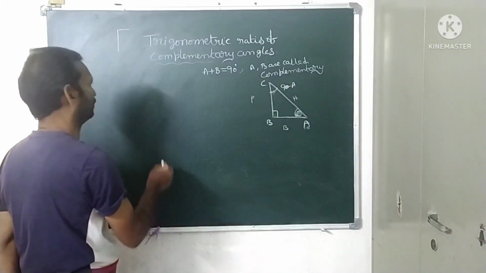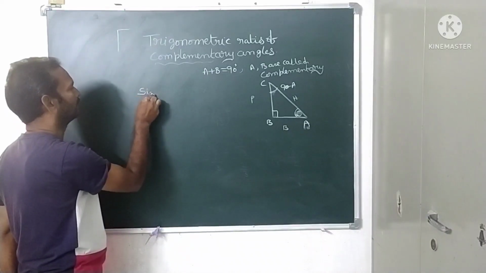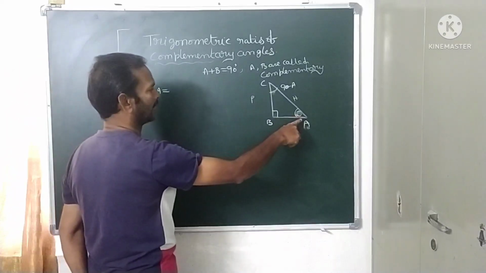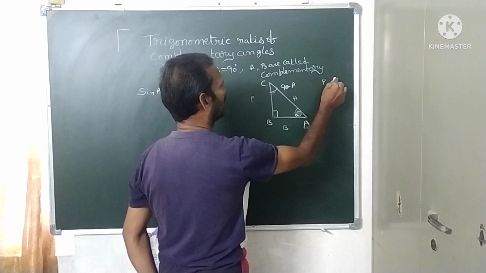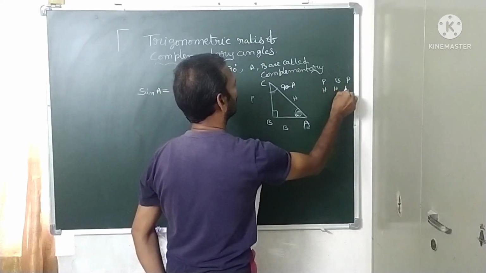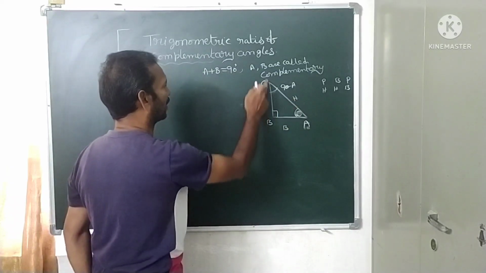Now, sin A. We know sin means perpendicular by hypotenuse.